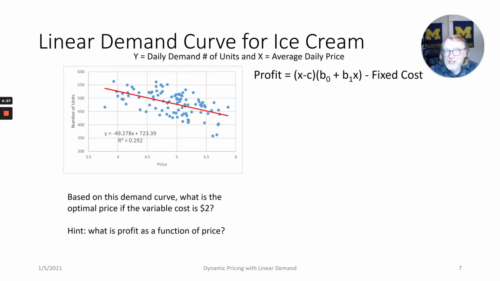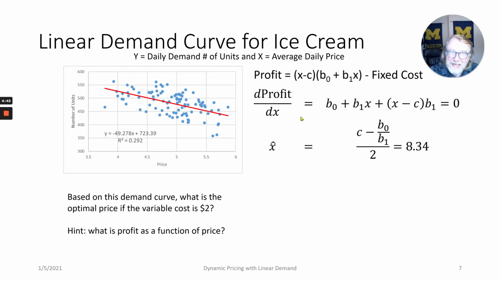How do you maximize profit? Well, if you had calculus, right, good for you, you can do this. You can take the first derivative of profit with respect to price, where X is price, and set that equal to 0 and solve it. And the optimal price, or X star, is given to you by (C minus B0 over B1) divided by 2, right?